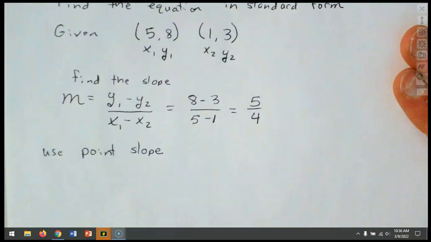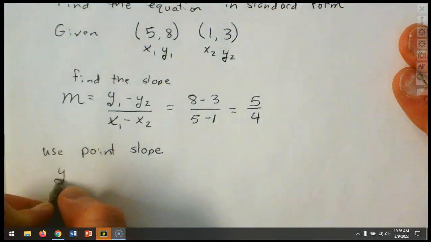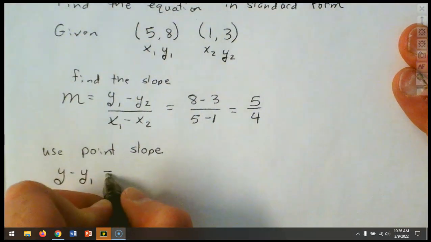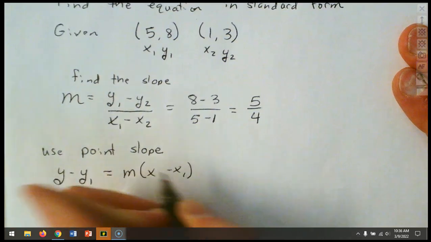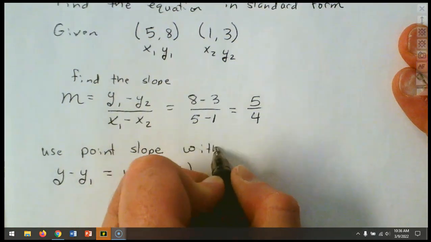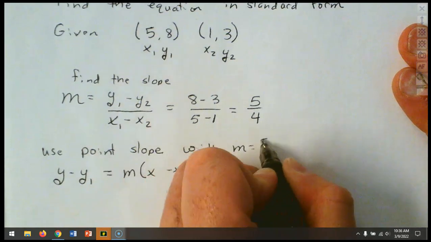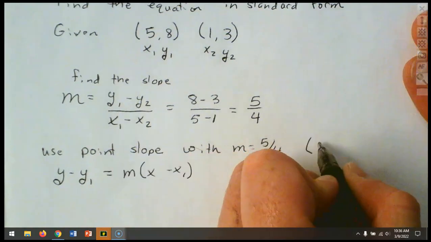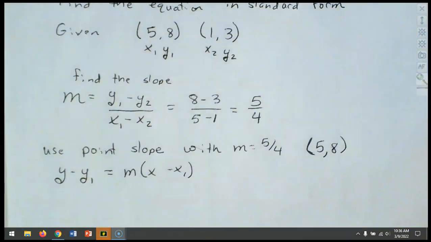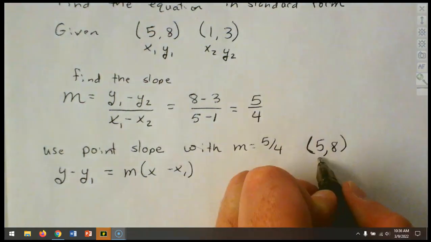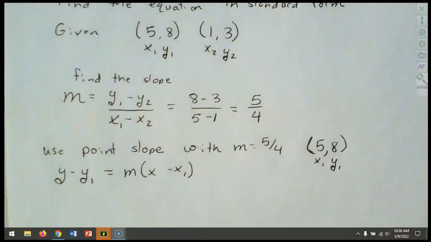So we're now going to use point slope, which is y minus y1 equals m times x minus x1. And we're going to use that with a slope of 5/4 and the point (5, 8). Again, x1, y1, fill it in.